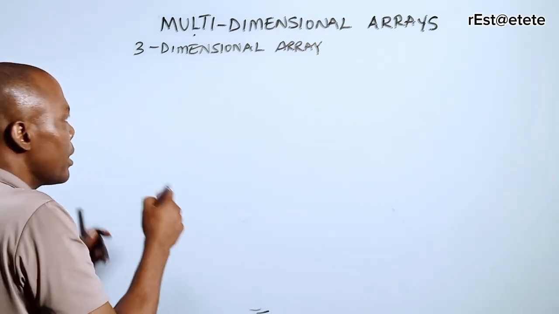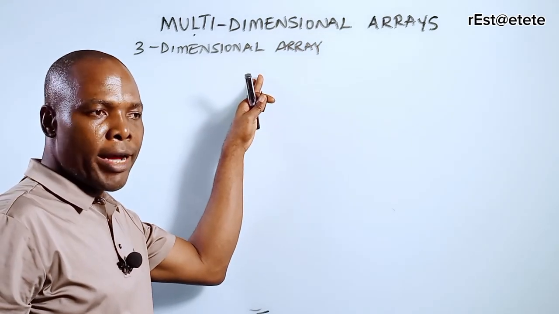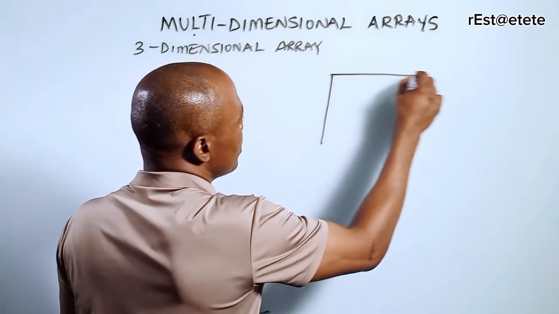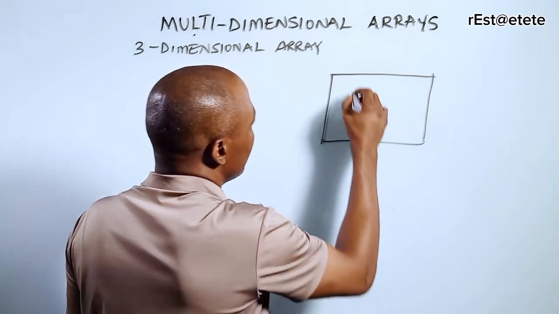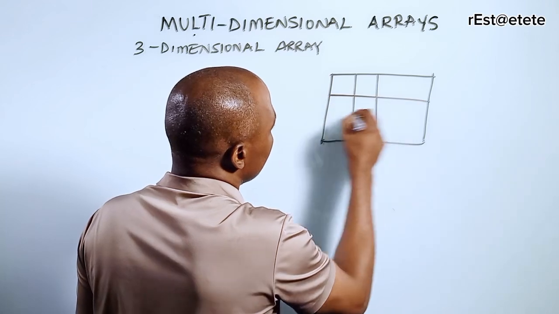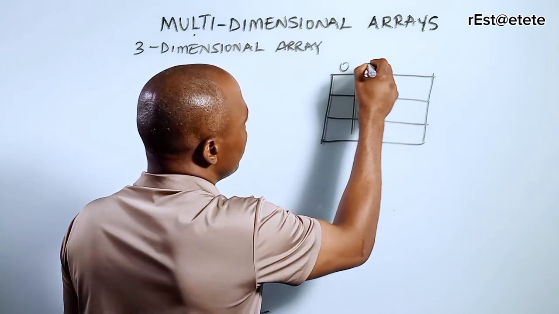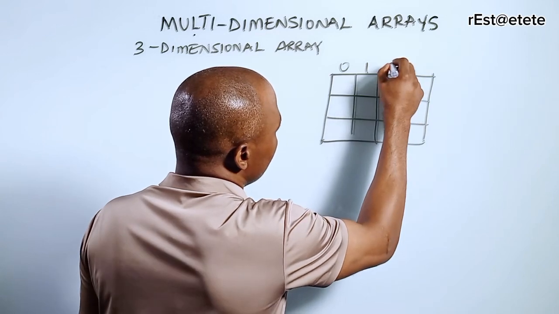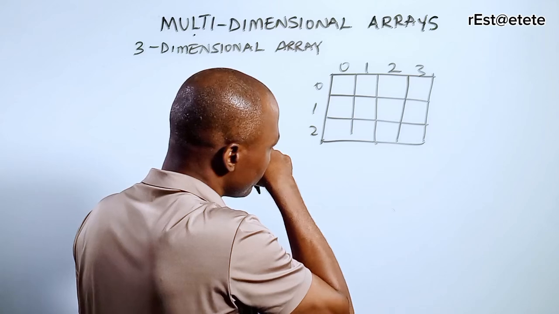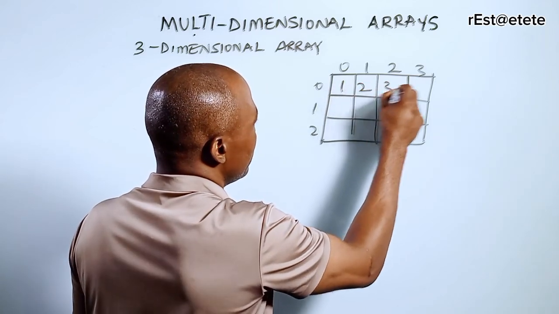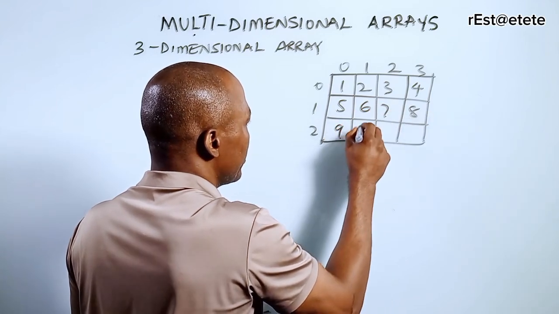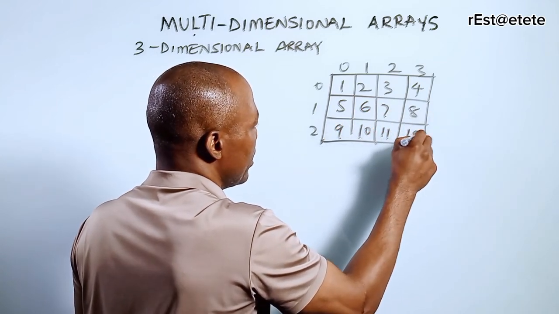So now, what do you have as a three-dimensional array? Take this example: 0, 1, 2, 3, then 0, 1, 2. So you have 1, 2, 3, 4, 5, 6, 7, 8, 9, 10, 11, and then 12.